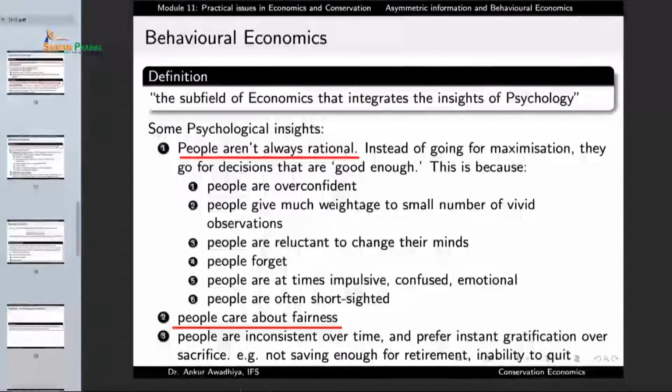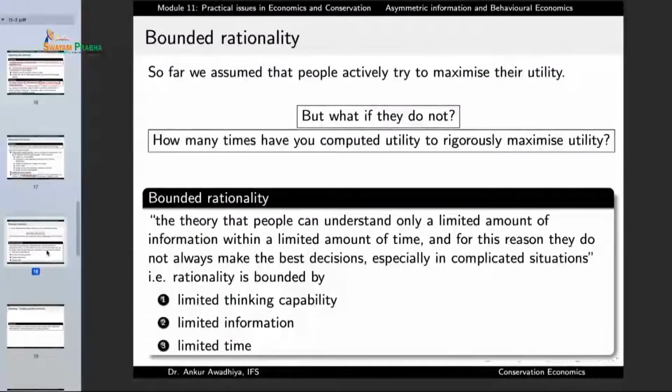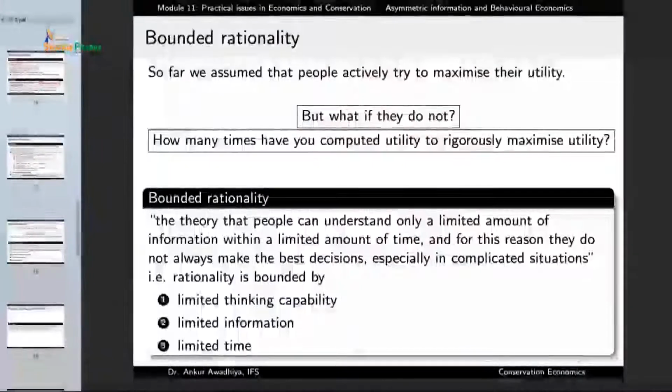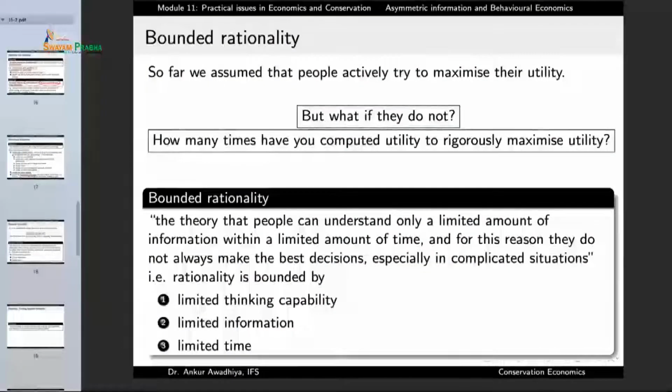So people are inconsistent over time, and the rationality is bounded, which means that when we talk about rationality, even when people are doing all sorts of computations, trying to get all sorts of information, even then there is a limit to rationality. So even when people are trying to do everything to get to a rational decision, they might not be able to.